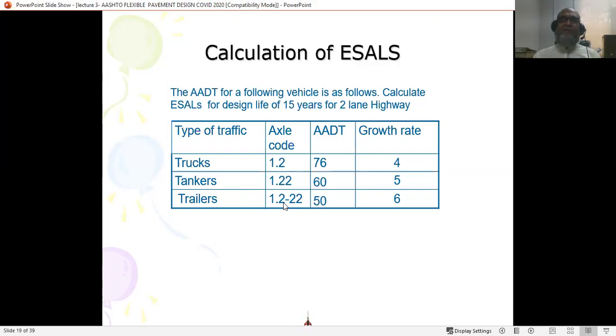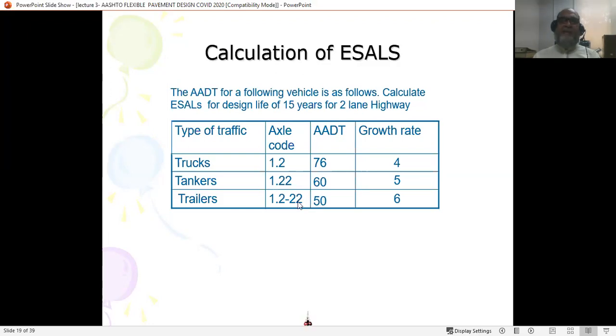Students do get confused with the word two. But if two is single, then it is also a single axle. But if two is together, then this is a tandem. So if I ask you how many axles are here, there are two axles, one and one. Here there are three axles. These are two axles and this one axle.